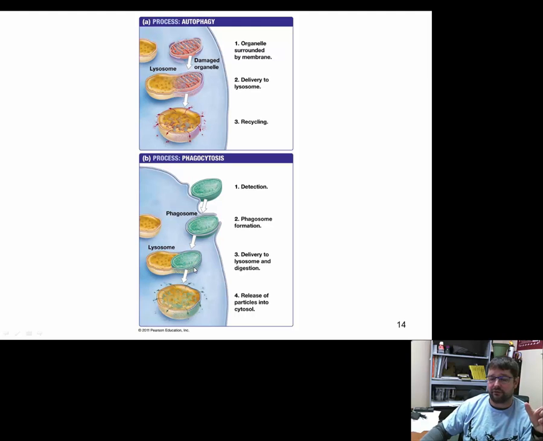When we talk about protista, lots and lots of protista eat this way. They engulf things, bring them in as a phagosome, and lysosomes are called to action to dissolve the material. Or maybe not lysosomes, but something else which has digestive enzymes. Same general process though to dissolve that material.